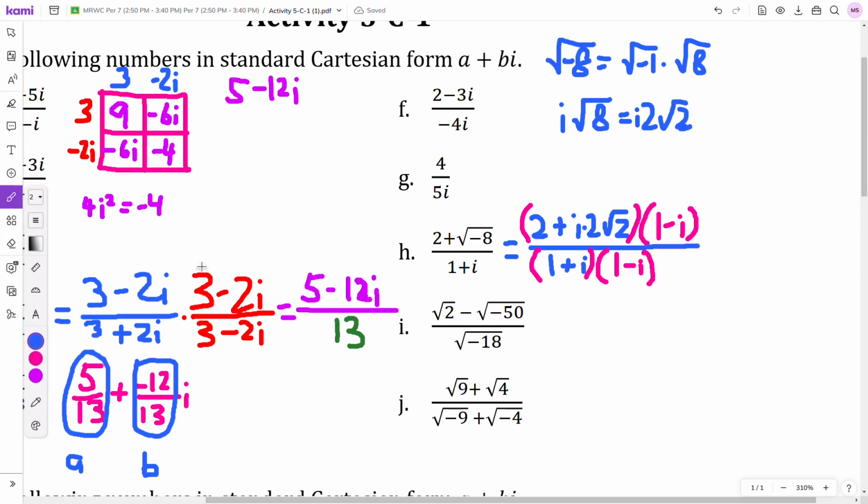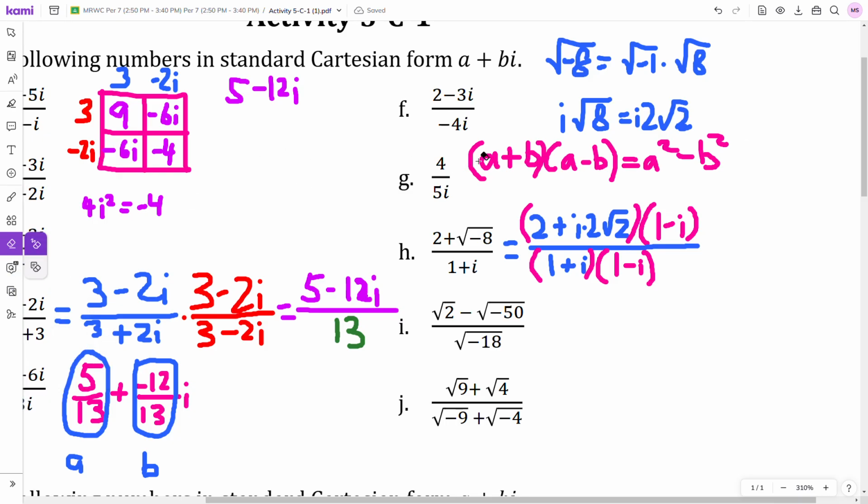And the denominator is going to be, well, in this case, I'm not going to do that. I would like to point out that it's the difference of squares, right? If you have a plus b times a minus b, then of course that's a squared minus b squared. But it's not a and b, it's 1 and i.